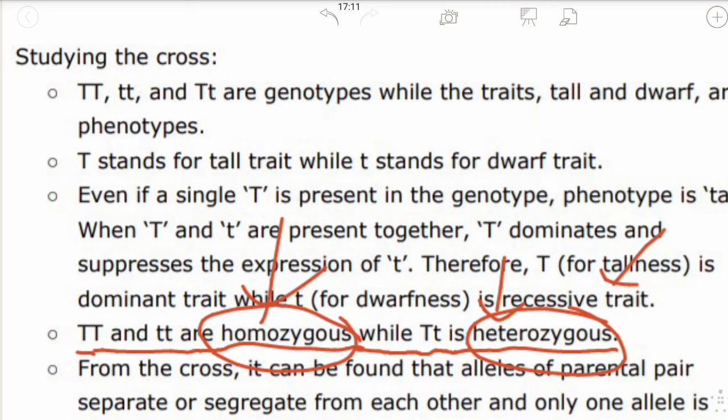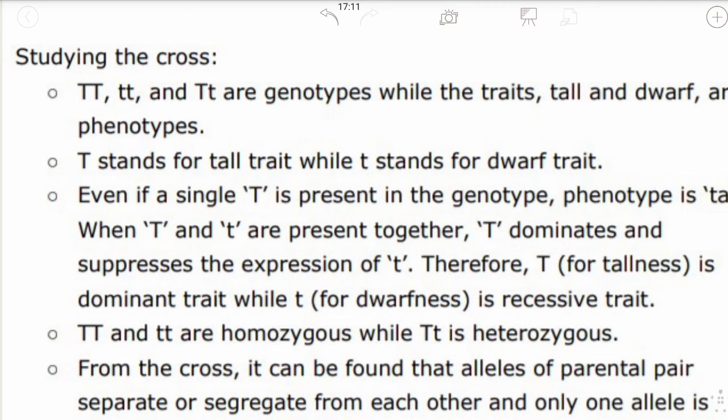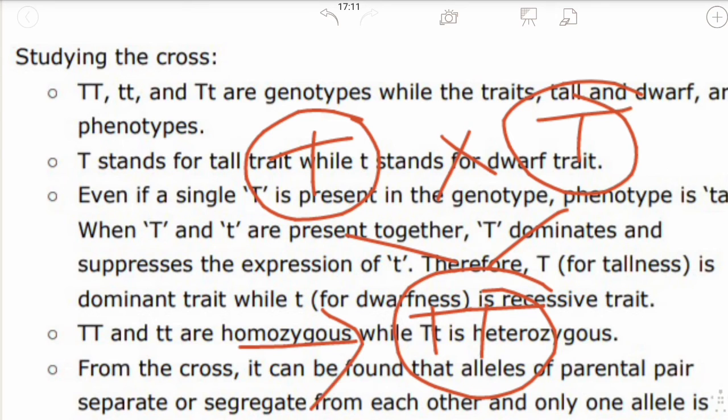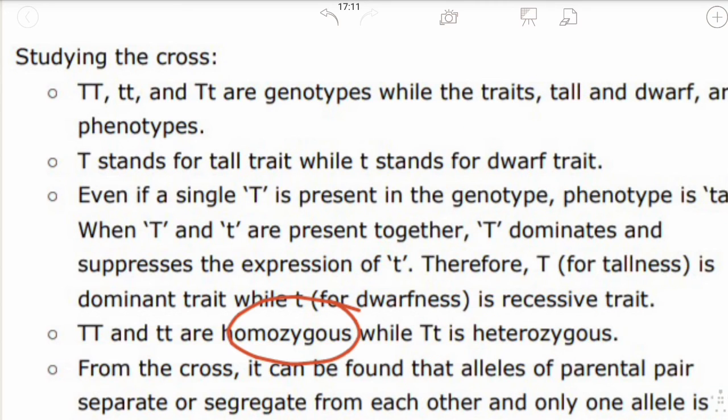Homozygous means, take for example, capital T and capital T are going to cross. Then the produced progeny will be capital T and capital T. These two alleles are not different. They are identical to each other. Such a type is called homozygous.